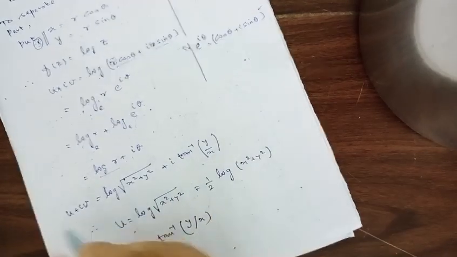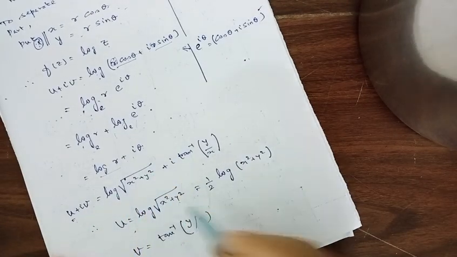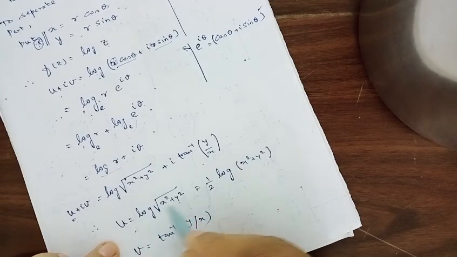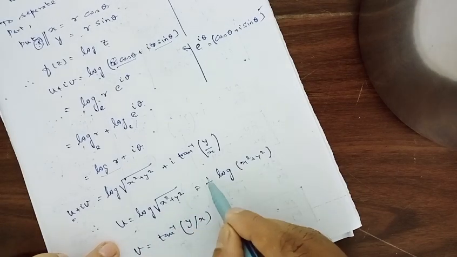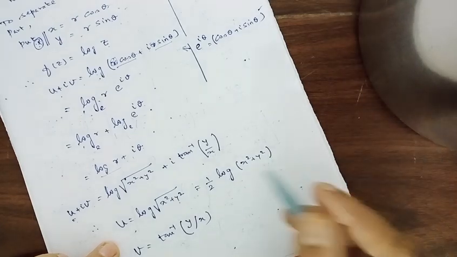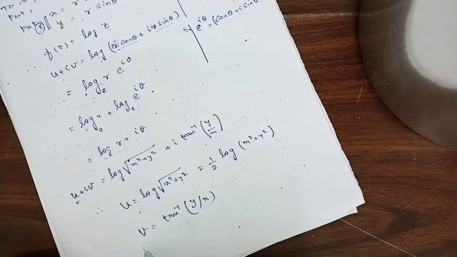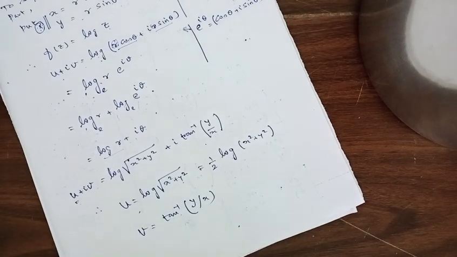Now we can easily separate: u is equal to log root of x square plus y square, which is similar to 1 by 2 log of x square plus y square. Then v is equal to tan inverse of y by x. So whatever the function, there are no issues.